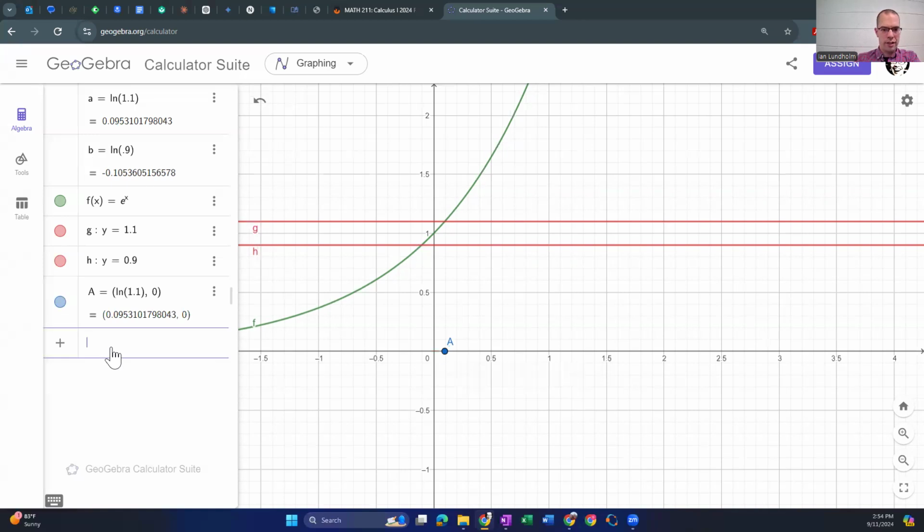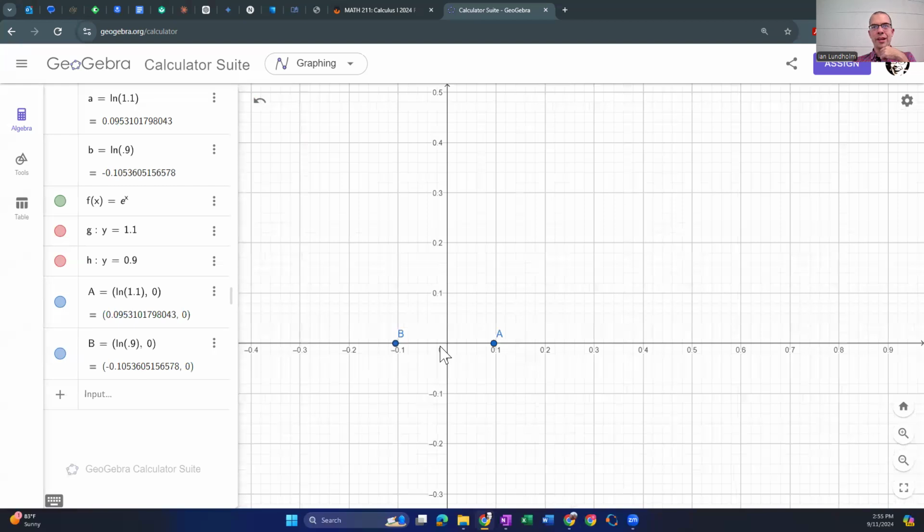And then ln of 0.9. I forgot, I'll just type that in again. I want to make a point with an x value of ln of 0.9 and a y value of 0. Okay, great. So those are those two points.